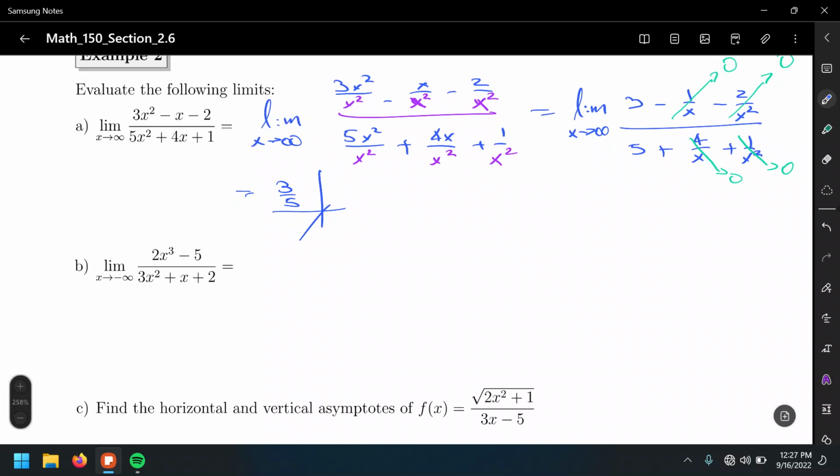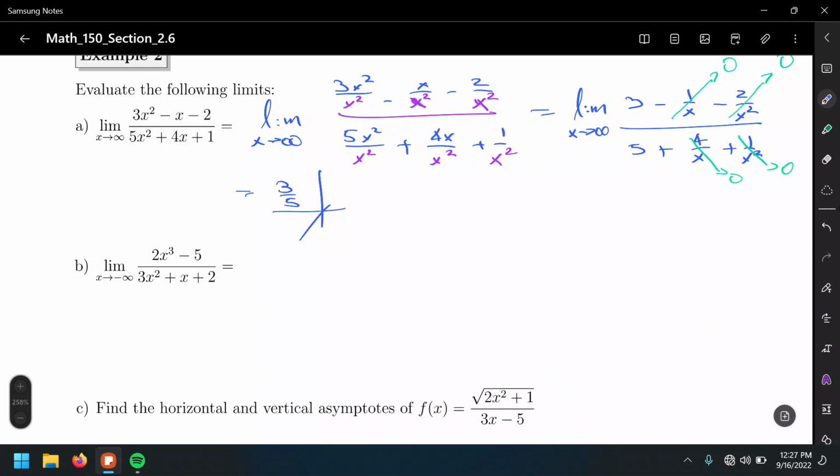So number 1, we need to identify the highest power in the denominator. What's that power? x squared. So we need to divide all terms in the numerator and the denominator by that highest power of x.